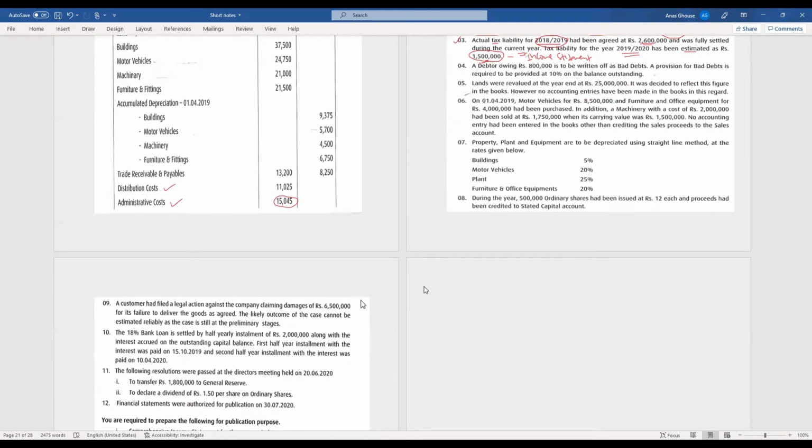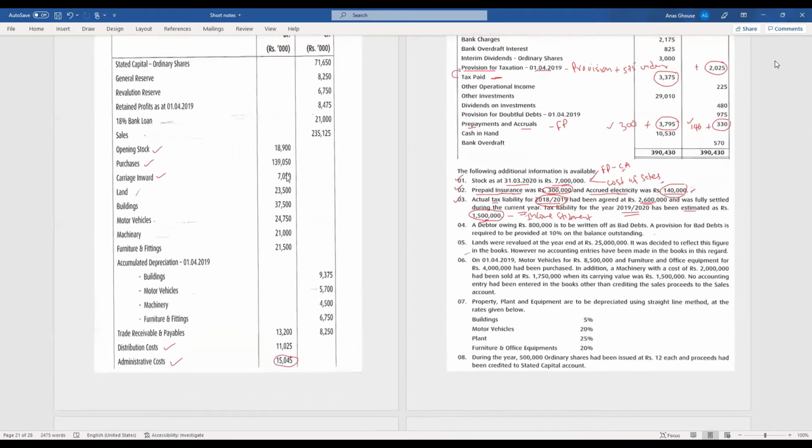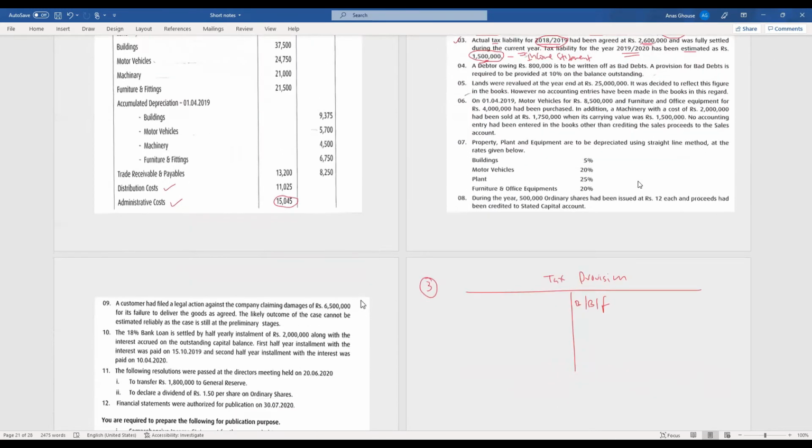Let's take the working number 3. So what we can do is we can open up tax provision account. We'll take the opening balance, balance brought forward, 2025. This amount was under provided, so therefore we can say 575 credit here, and this should go to income statement under tax.